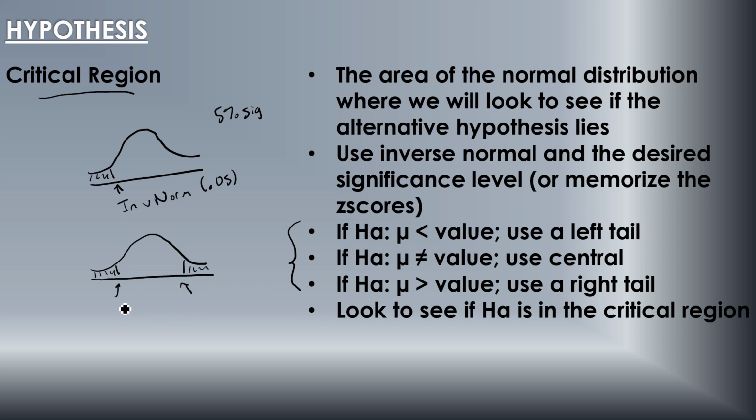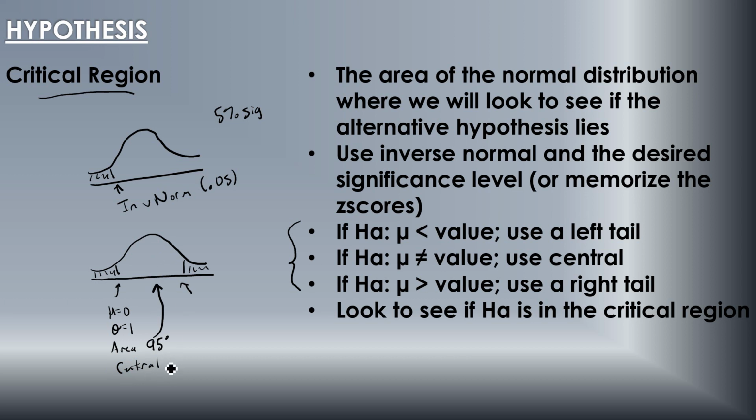I think the easiest way to do this is to go into your stats menu and set your mean equal to 0, your standard deviation equal to 1, and then put in an area of 95% if you want 5% significance, and that's going to represent this area in here. And you're going to select central. And that gives you this area in here.